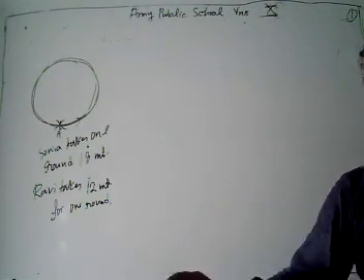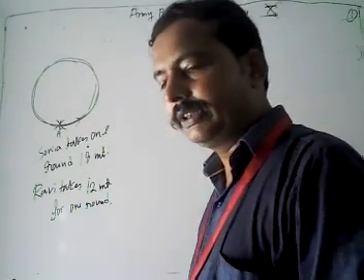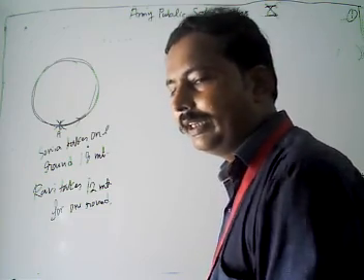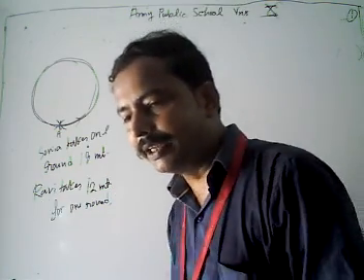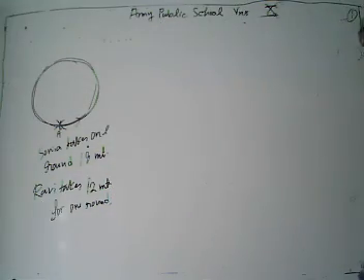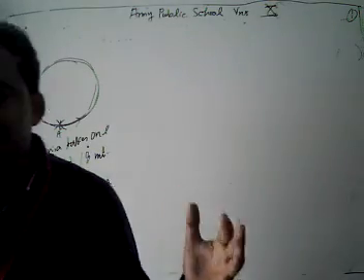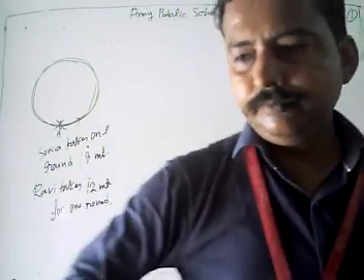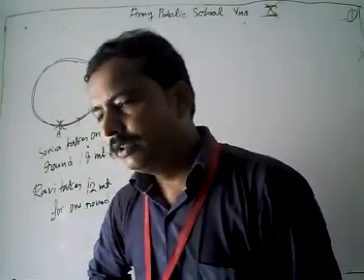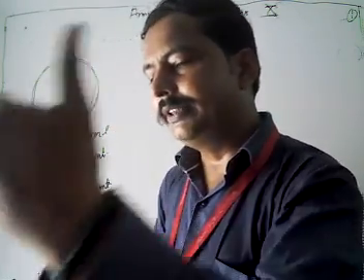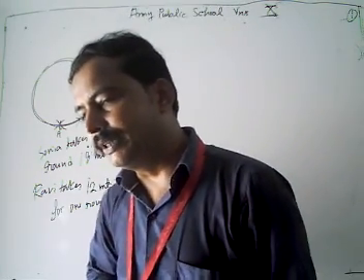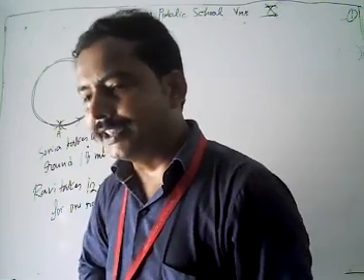Now, how can we find out the time when they will again meet at the starting point A? Here we only need the concept of HCF and LCM. HCF is the greatest number which divides the given numbers. LCM is the least number which is divisible by both the numbers.